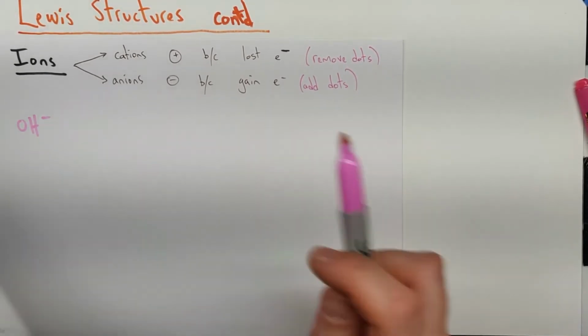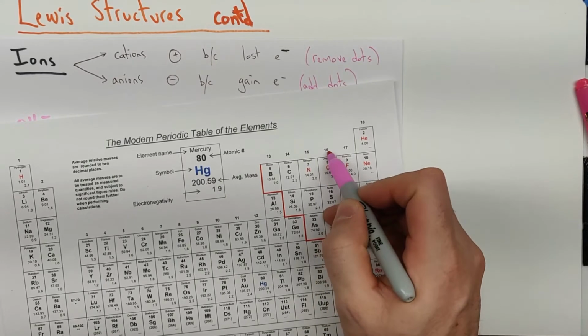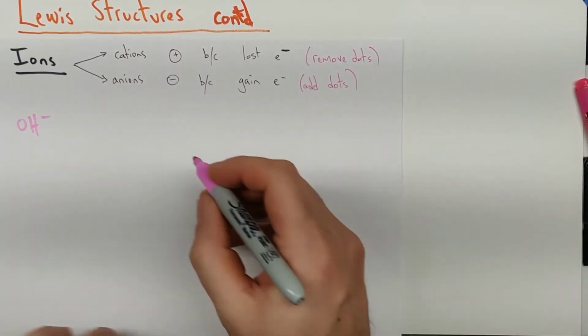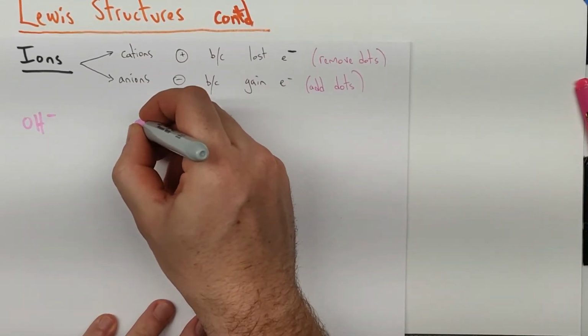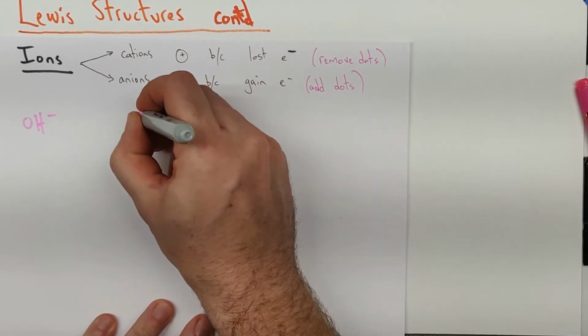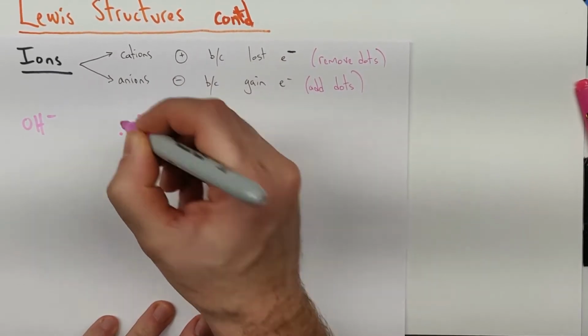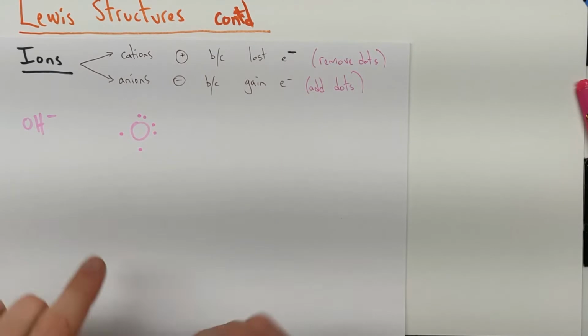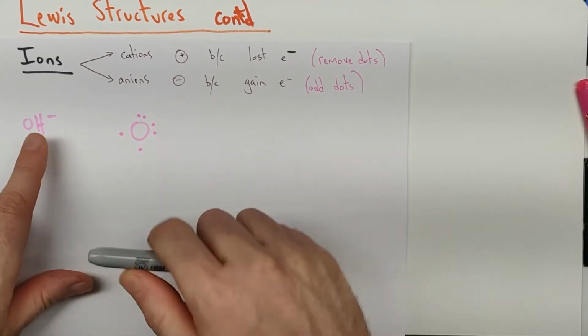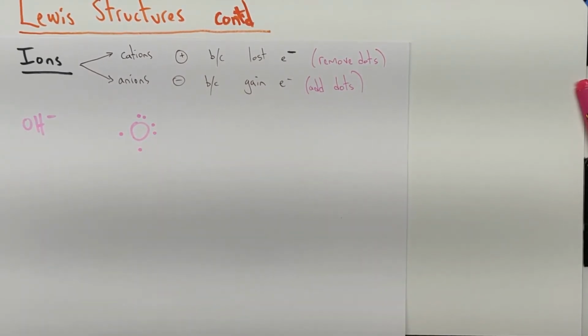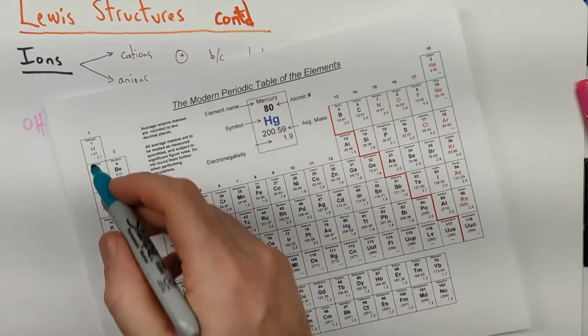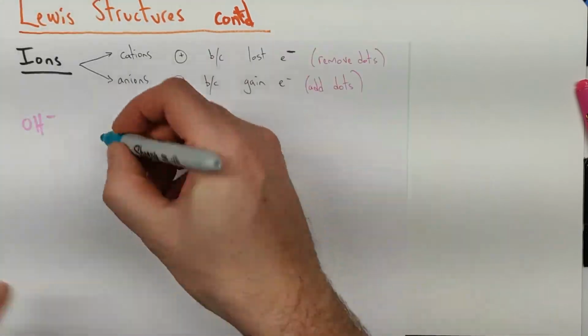Well, that means oxygen goes in the center. Oxygen, group 16, 6 valence electrons, 6 dots, right? So we've got our oxygen, 1, 2, 3, 4, 5, 6. All right, I see 2 potential bonding locations. I need to attach one thing. In this case, it is that hydrogen. Hydrogen is in group 1, so that's 1 valence electron, 1 dot.